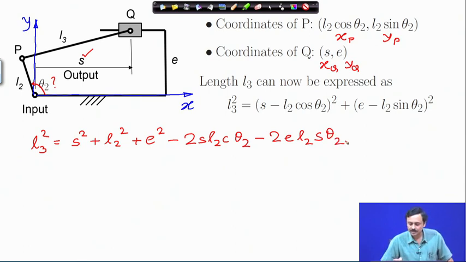So, these are the terms we obtain. Now, once again we know S, we are given S, we have to calculate theta 2. So, I can rearrange this in this form.